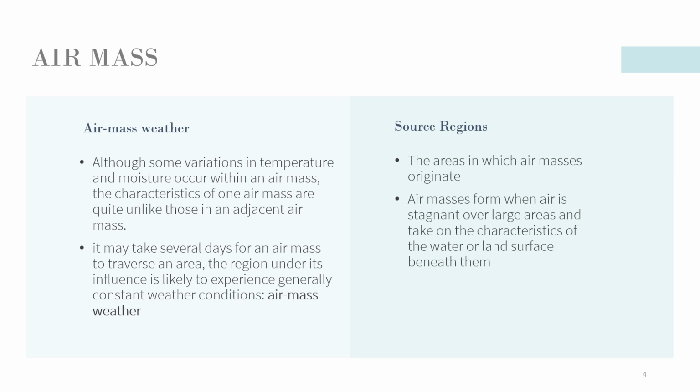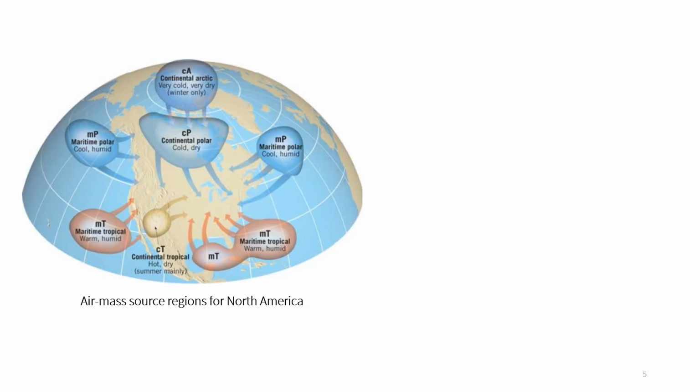So as what you can see in here, is the picture of an air mass source region in North America. So the arrows that are pointing show a common path, paths that air masses follow as they move out of their source regions.